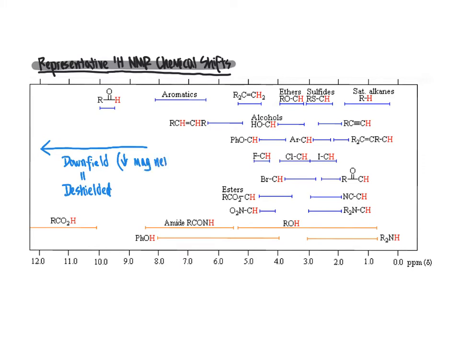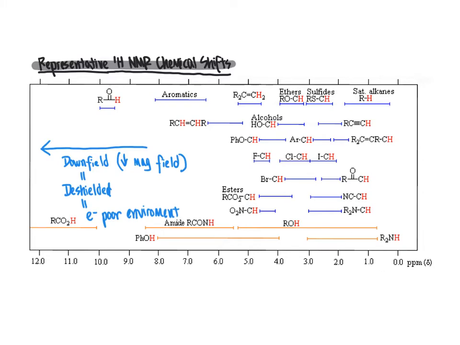A lower magnetic field is required in these cases because these protons are in a deshielded environment, an environment that is electron poor. In other words, the protons in this deshielded downfield environment are feeling the full brunt of force of the magnetic field. They have no blanket of electrons to shield them from that force. And so therefore, they are downfield.